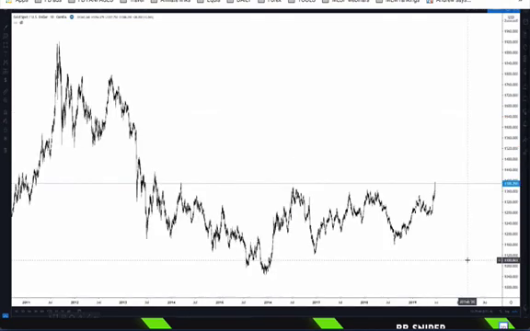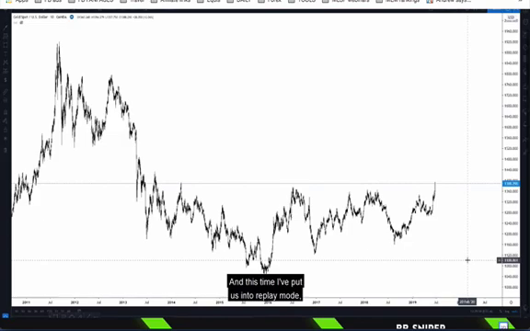When you're reading the candles, I want you to realize that structure can be applied universally. At this time, we've got gold up in front of us.